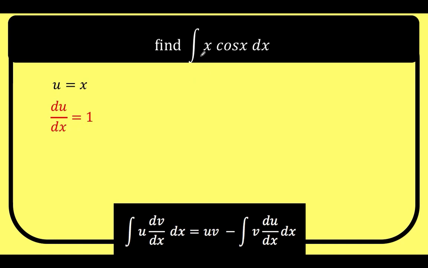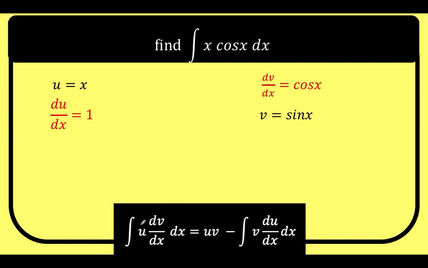If we have chosen x to be our u, that implies that cosine of x will be our dv/dx. So we now let dv/dx equal cosine of x. To solve for v, we need to get the antiderivative of both sides, and the antiderivative of cosine x dx is sine of x, and so v is equal to sine x.